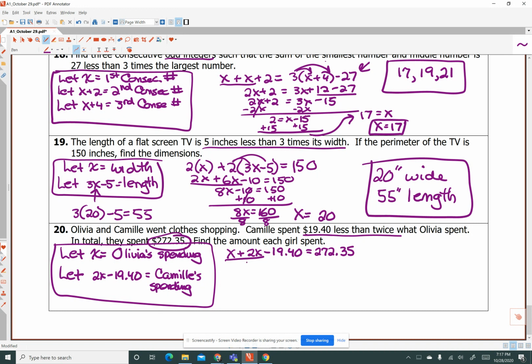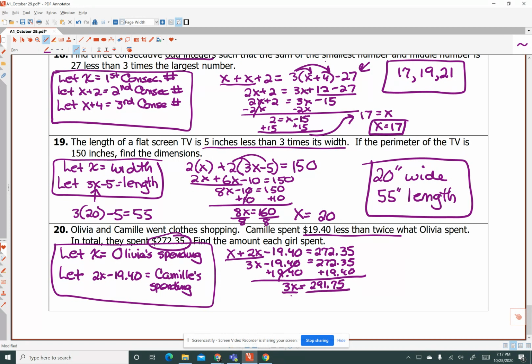So we combine: 3x minus $19.40 equals $272.35. Let's add $19.40 to both sides. Now 3x equals $291.75.